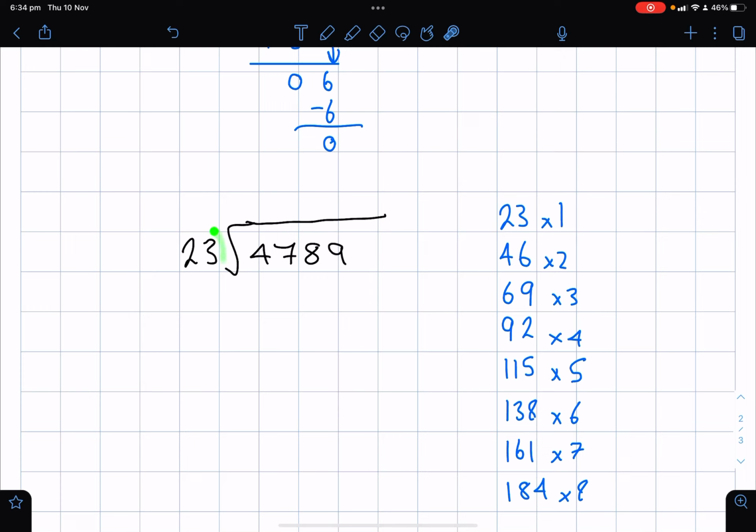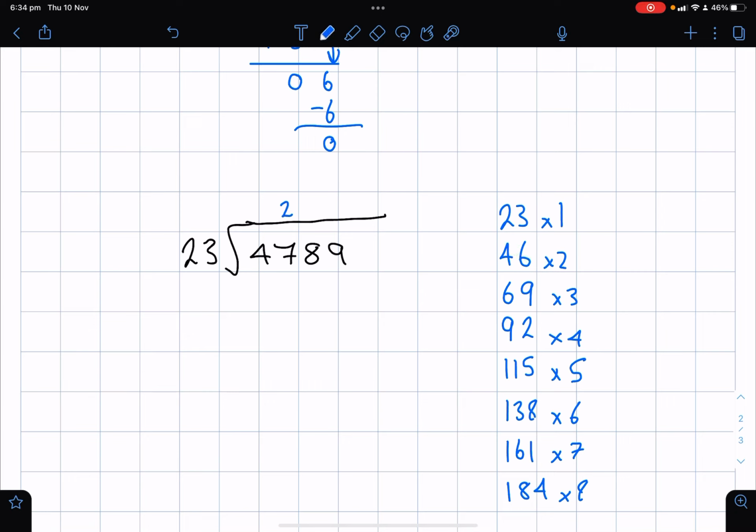How many times does 23 go into 4? Well, it can't actually go into 4 because 23 is a bigger number than 4. So we need to look at combining the 4 with the next digit. So we look at 47. How many times does 23 go into 47? Well, let's go over to our little multiples chart. 46 is almost 47, and that's 2 times.